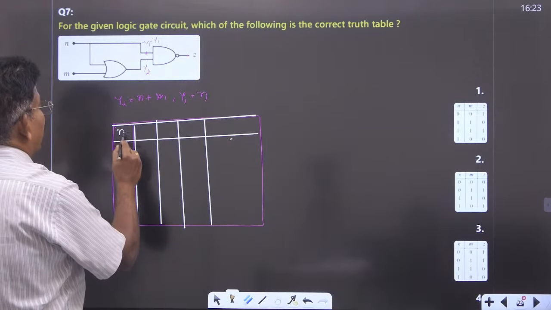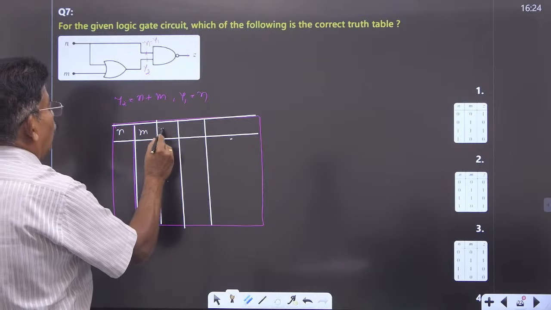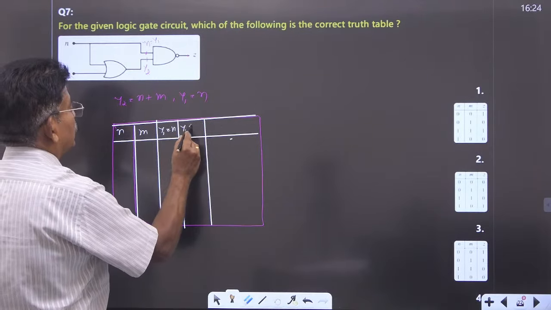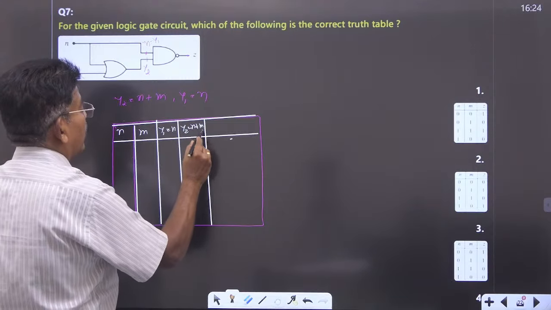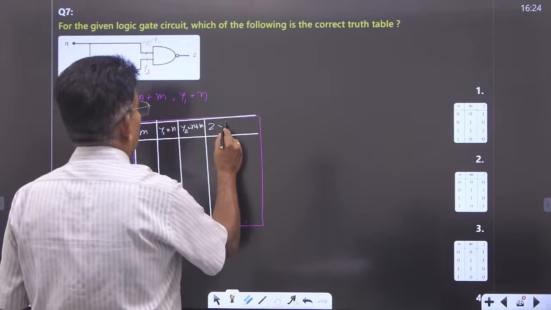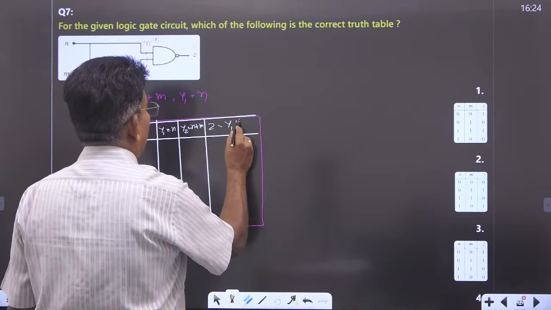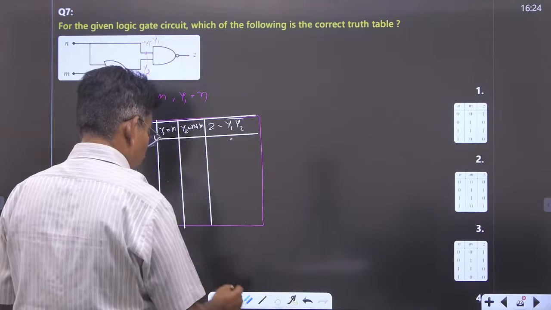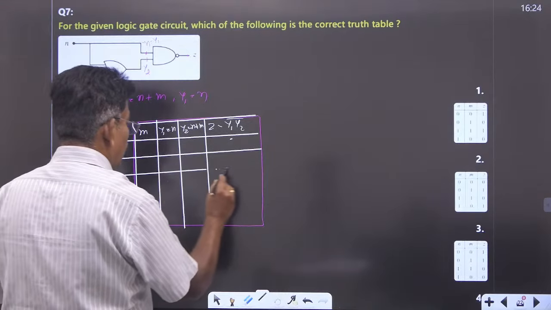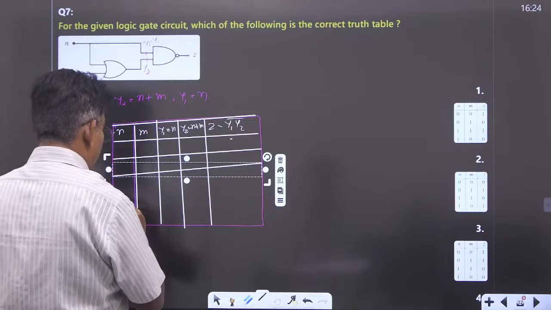This is N. This is M. Y1 is N itself. Y2 is equal to N or M. Then Z is equal to what? Y1 and Y2 bar. Okay. Y1 and Y2 bar. So we can go according to the options. Then only it will be helpful for you.